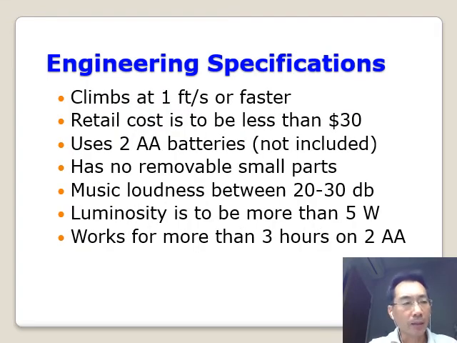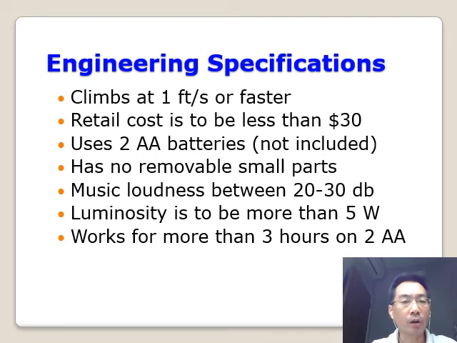Okay, so let's come back to the rope climber. In the engineering specification, instead of saying fast or slow, we say the speed: the rope climber can climb at 1 foot per second or faster.